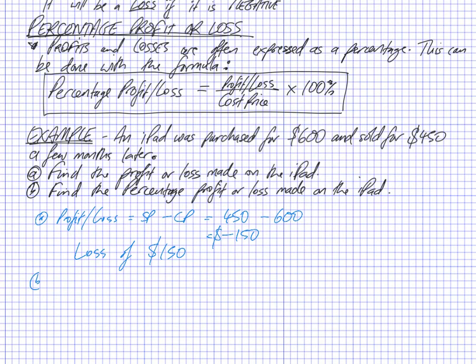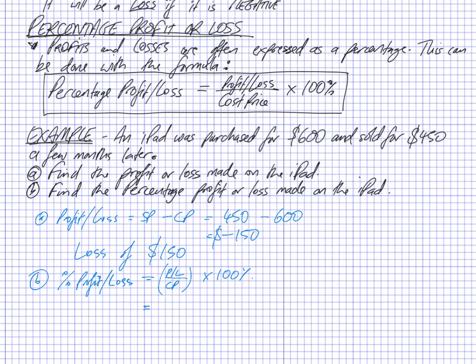And B, find the percentage profit or loss made on the iPad. So percent profit or loss is the profit or loss, P or L, over the cost price, and then times that by 100%. I made a loss.